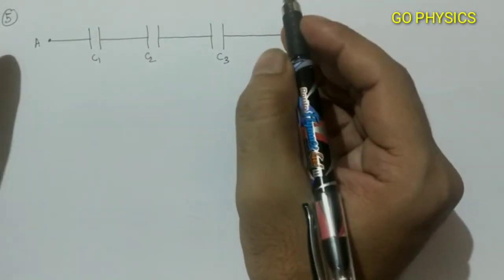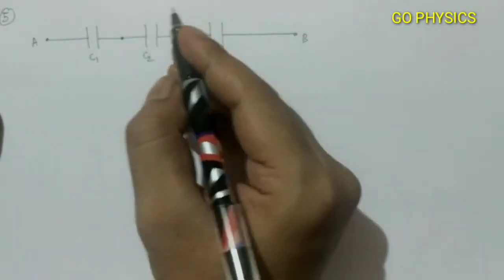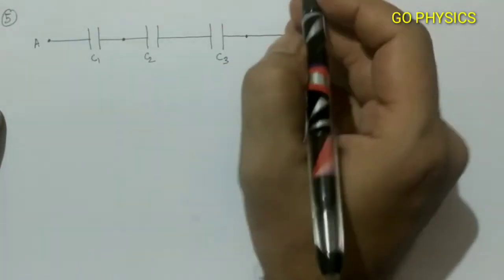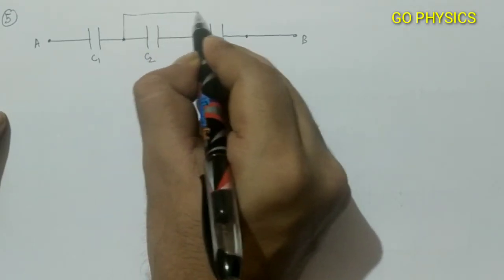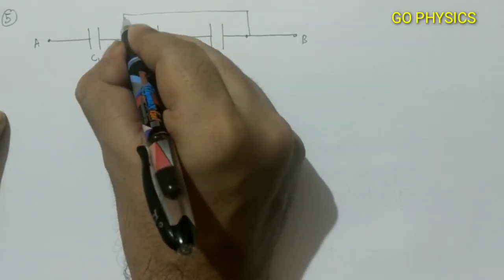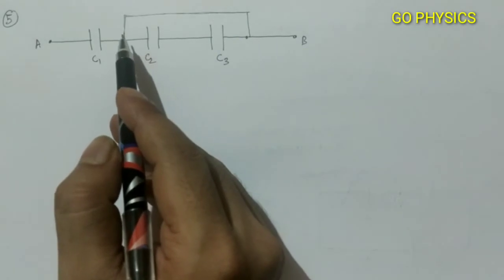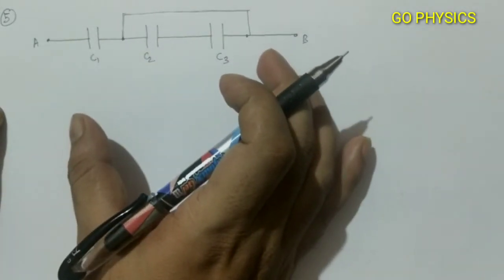But now what we are doing is, we connected this node and this node with the help of a wire. Now what will happen? Suppose we have to find C equivalent of this circuit.